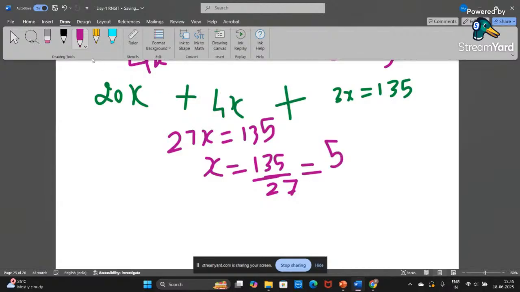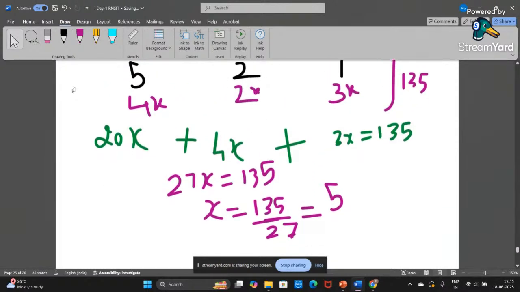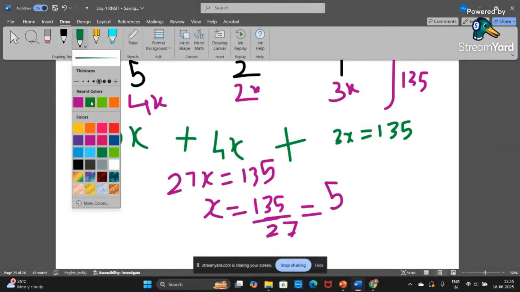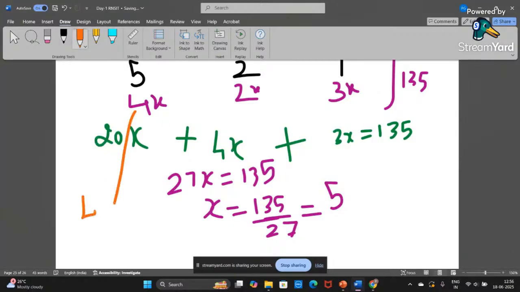So you need to find out how many 5 rupee coins are there. What is the ratio of that? It is 4x. So substitute your value over here. 4 fives are 20. There are 20 coins of 5 rupees.